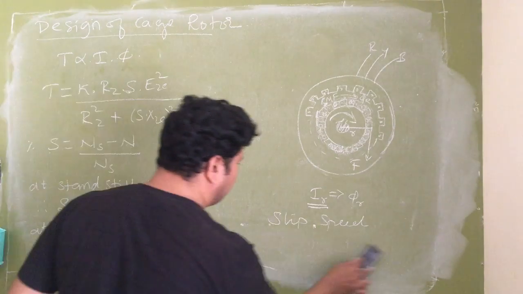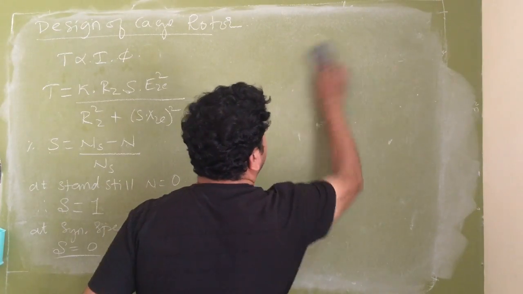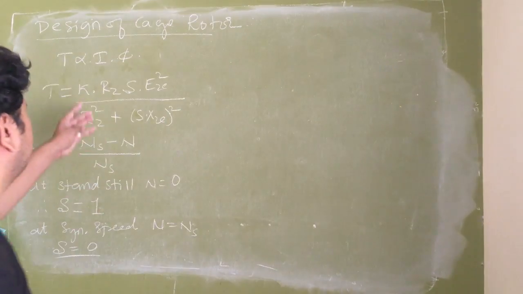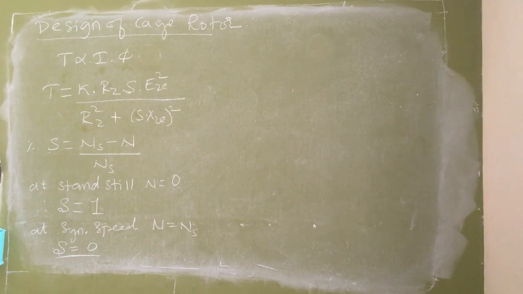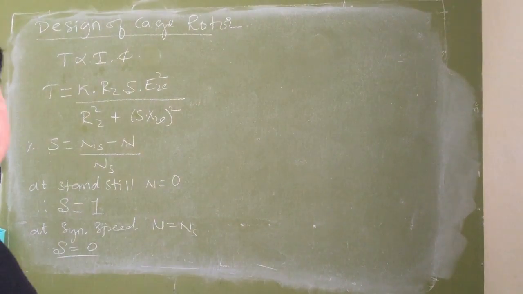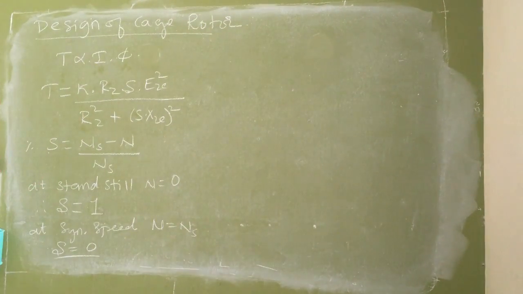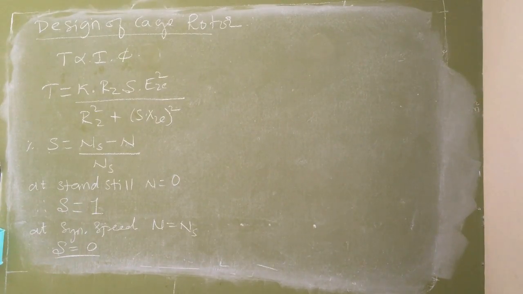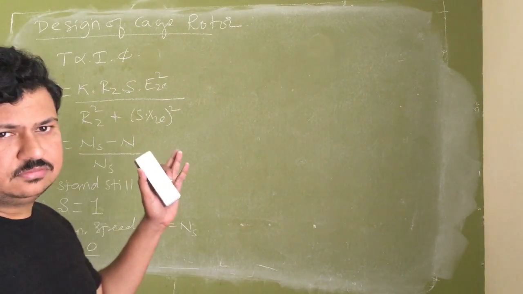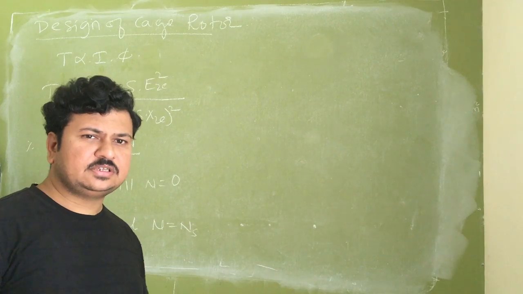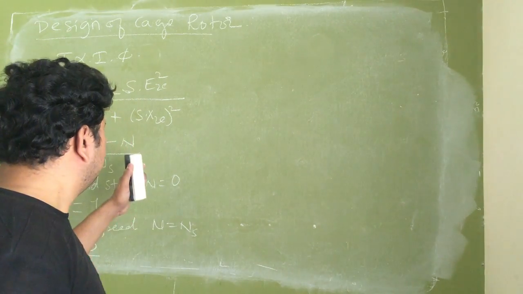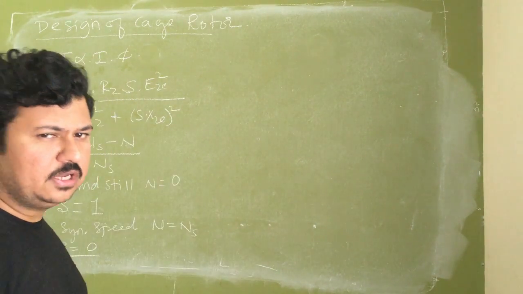I am not discussing here what happens if R2 is varied, if R2 is more, if R2 is less, what is the maximum torque and all. I don't want all those things. I simply want to look into how the torque speed characteristics are drawn. I could have drawn directly, but I thought just to recall what has already been studied, and then we will move ahead with our actual contents.